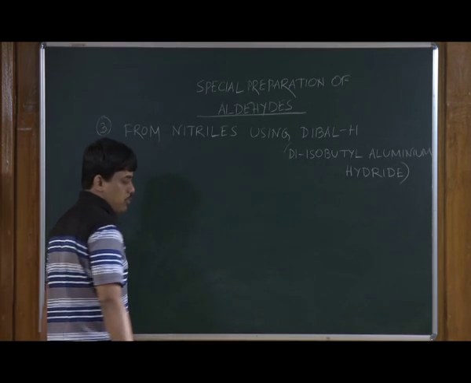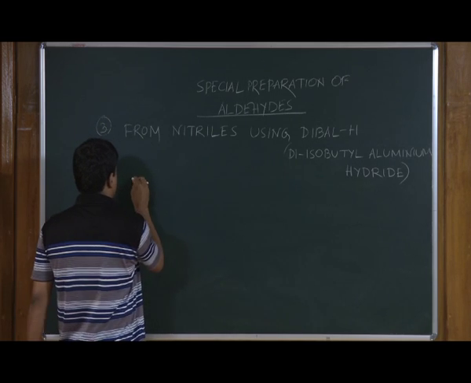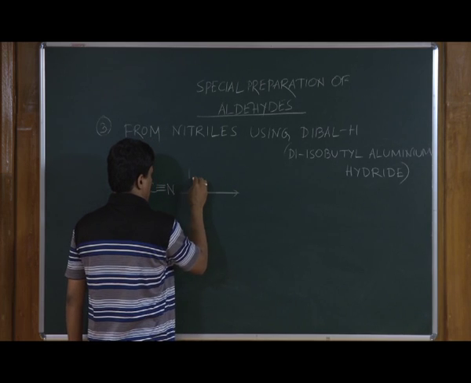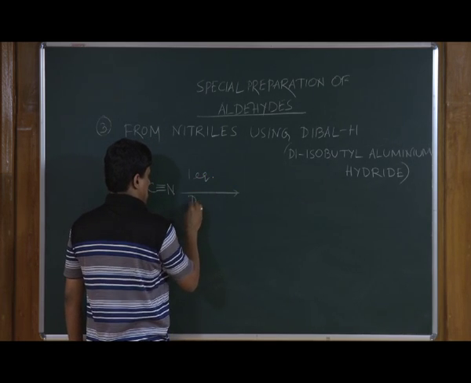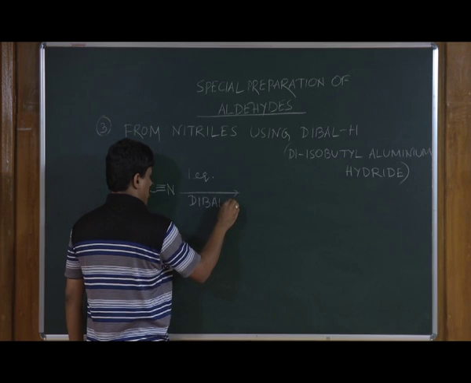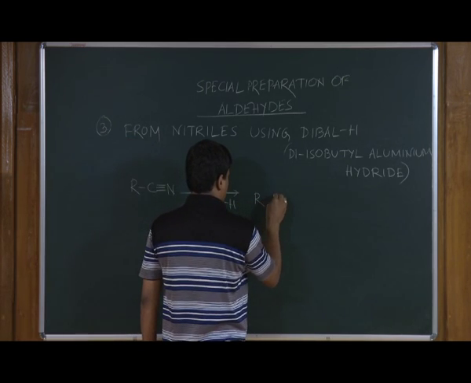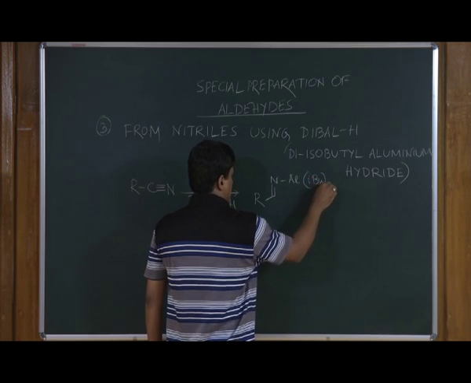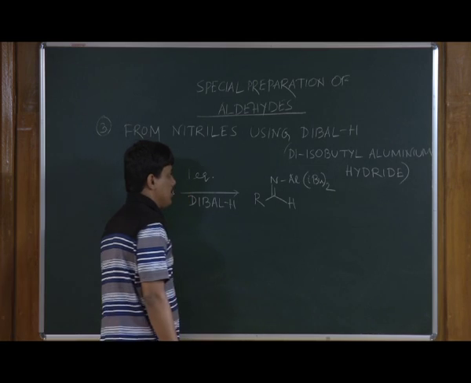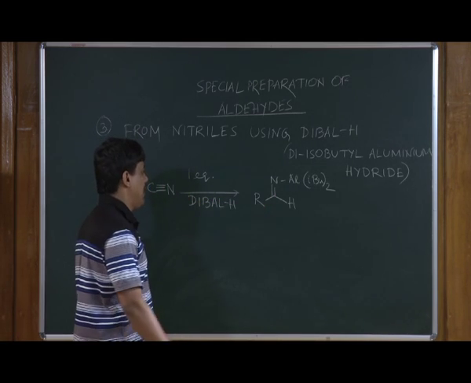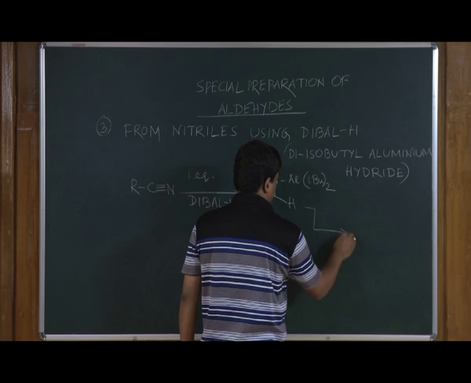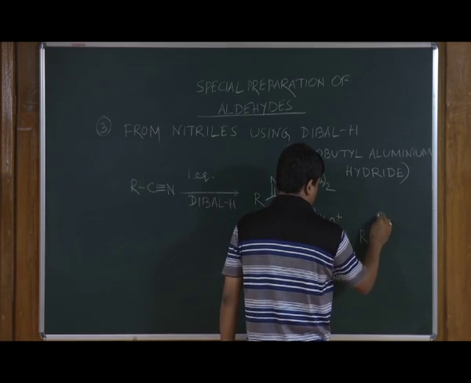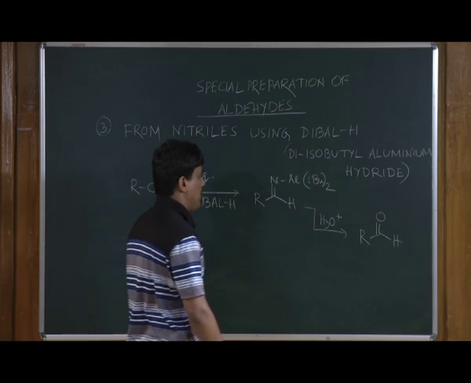What will happen if you put one equivalent of DIBAL-H to nitriles? This imine, aldimine, is formed, and this on hydrolysis gives the aldehydes.